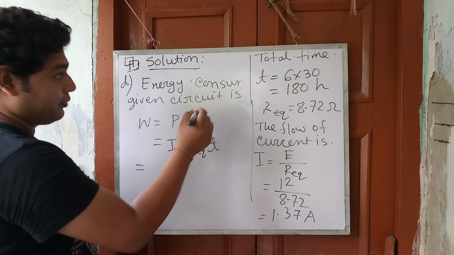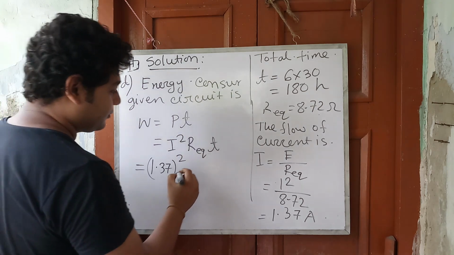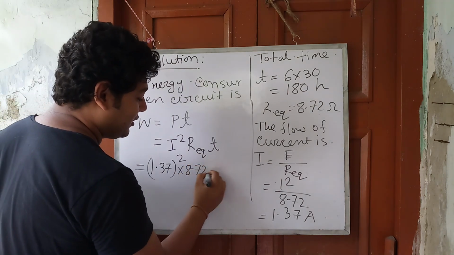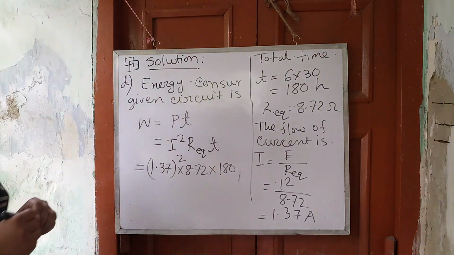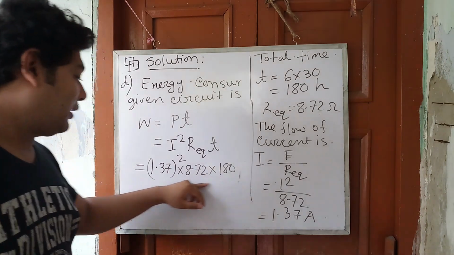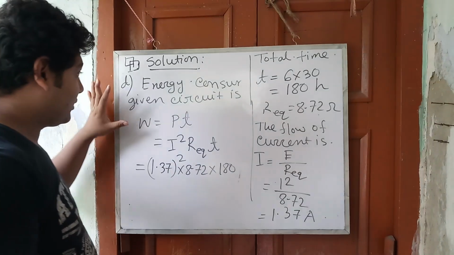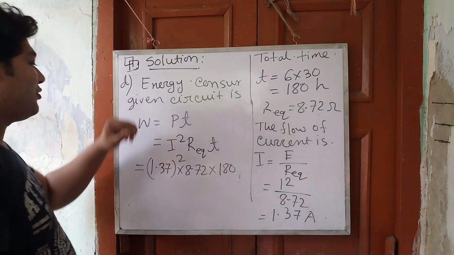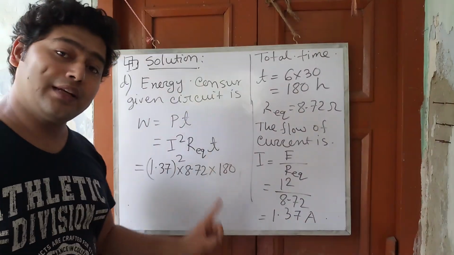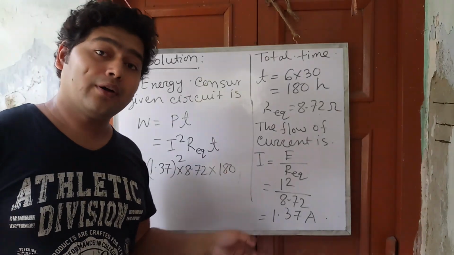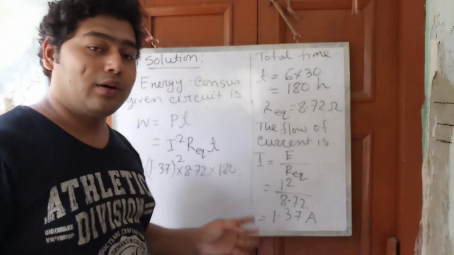So we can write 1.37 square into 8.72 into our total time, 180 hours. We can see that the unit of our energy in this position is watt hours, but we need to convert it to kilowatt hours for calculating the cost of energy.